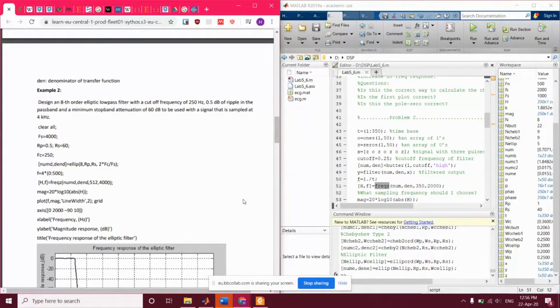So a higher number gives a better resolution. It doesn't have to be exactly the same number as 0 to 500, so it can be more. Yes, you can go for 512, you can go for 1000. If you give a very high number, it takes some time for MATLAB to calculate it. But this is how you can increase the resolution of the visualization, by increasing the number.